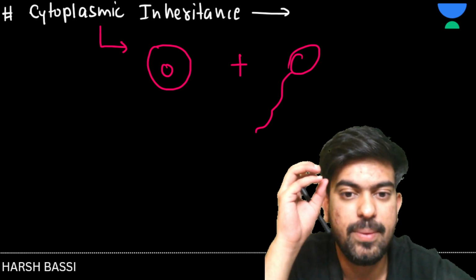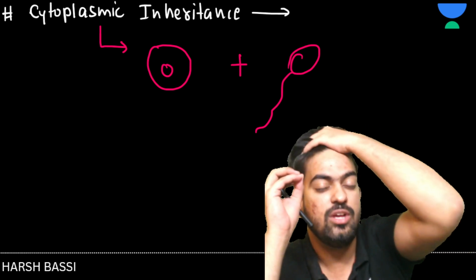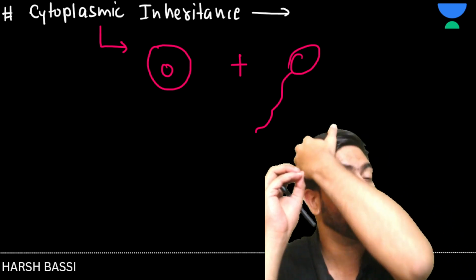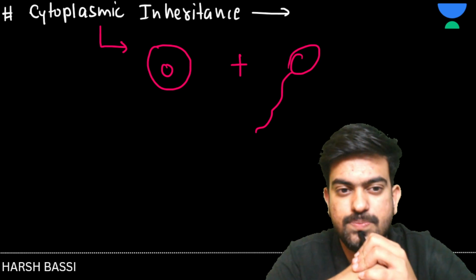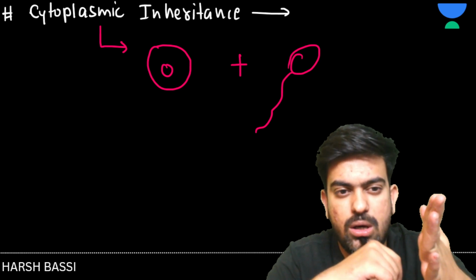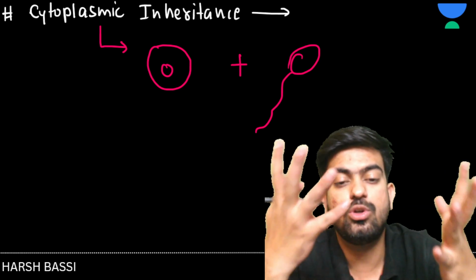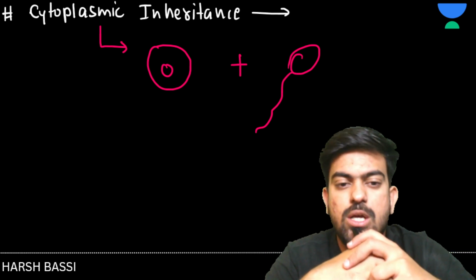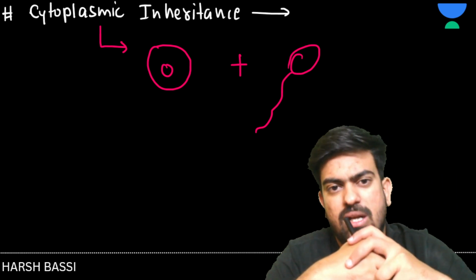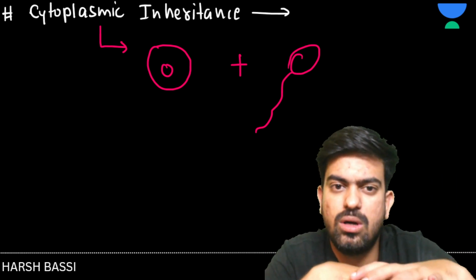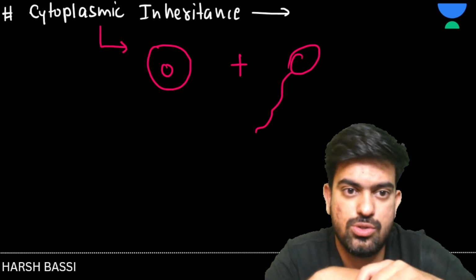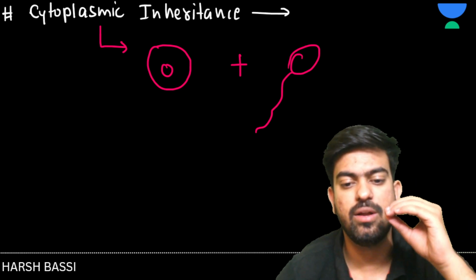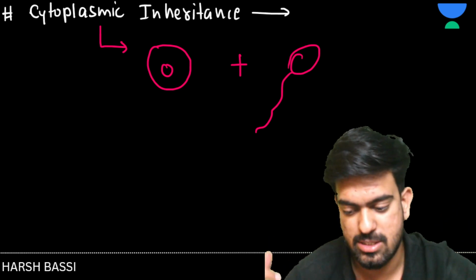Sperm wants to keep itself very light, so that it can flow very rapidly and go inside the egg cell to fuse. So in sperm we can't expect many cell organelles, and genes also. So in egg only there is the presence of cytoplasmic gene.